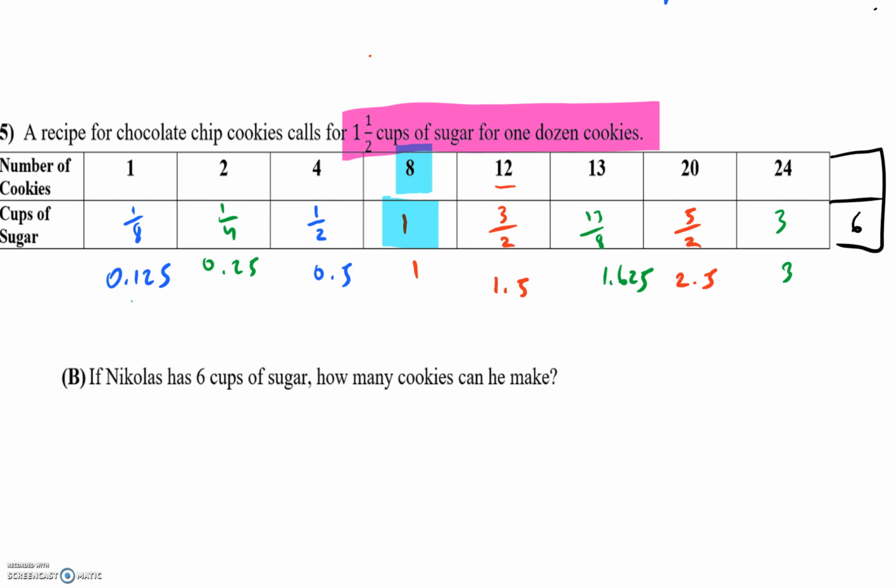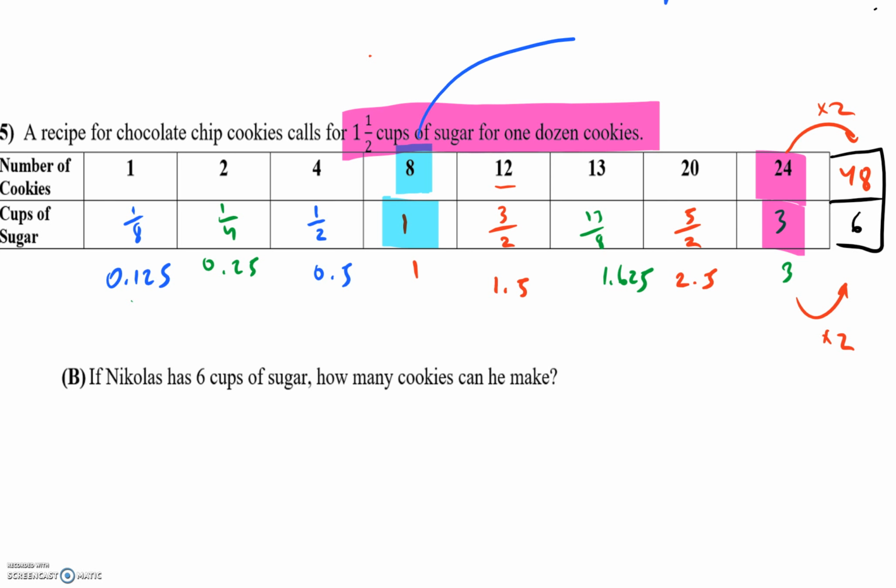Sorry, not the 1. The 8 cookies to 1 cup of sugar, which is right here. 1 times 6 gives me 6. 8 times 6 gives me 48. I could also use the 3 column, the 24 and 3 column. 3 times 2 gives me 6. 24 times 2 gives me 48.